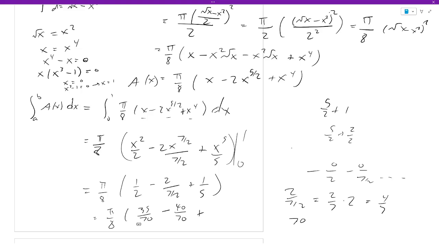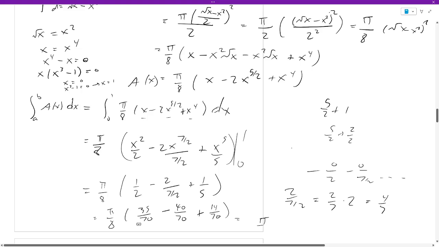And for the 1/5, I want to make it 14 over 70. Right, 7 times 2. Right, you can check. 5 times 14 is 50 plus 20, that's 70, so that works. So you can combine the fractions and we'll get a number.